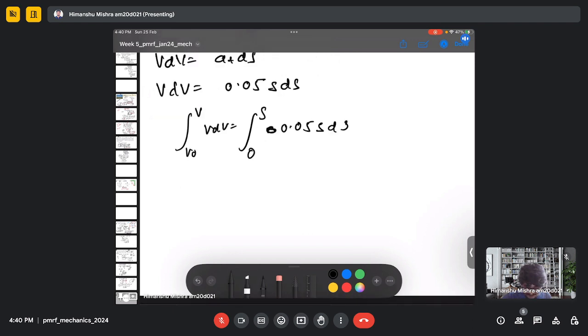so here we will have v squared by 2 from v naught to v equals 0.05 s squared by 2 from 0 to s.